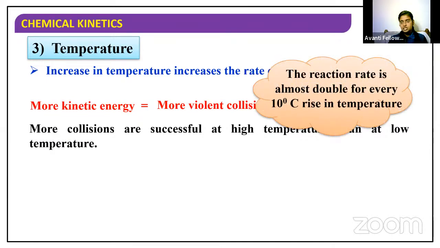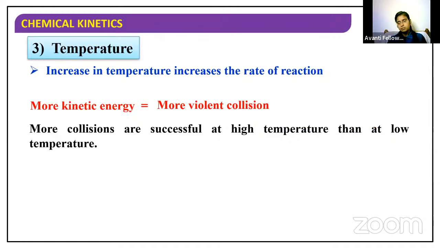The reaction rate is almost double for every 10-degree rise in temperature. So if I increase the temperature of the system from 60 to 70, the rate will double. If I increase from 70 to 80, it will still double. Like this, the rate is affected by the temperature.